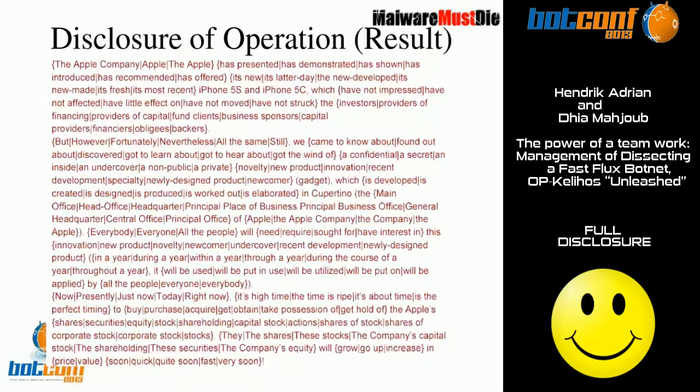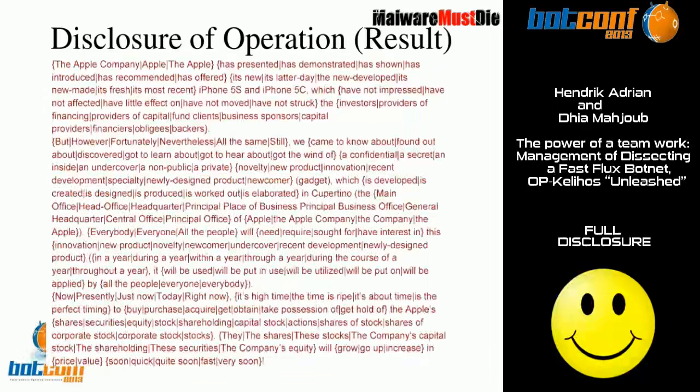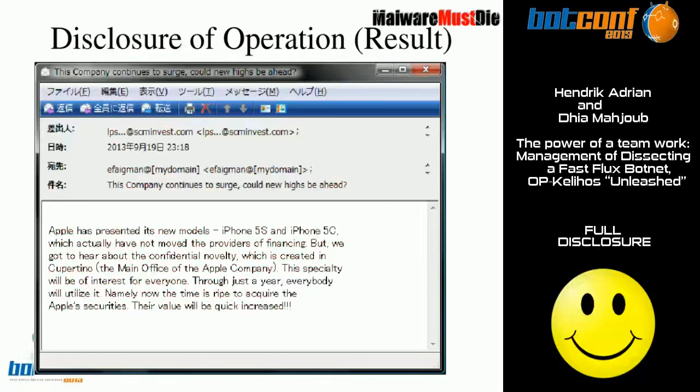Well, we don't believe it. Try again, wait, different dates. This is the header of the order that they are making. This is the template. As a result, this is the spam. Same one. See? Apple goes down, so you have to buy the stocks, stuff like that. So, this is a pump and dump kind of spam.